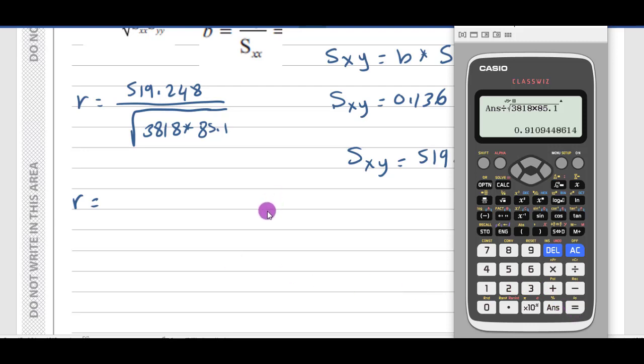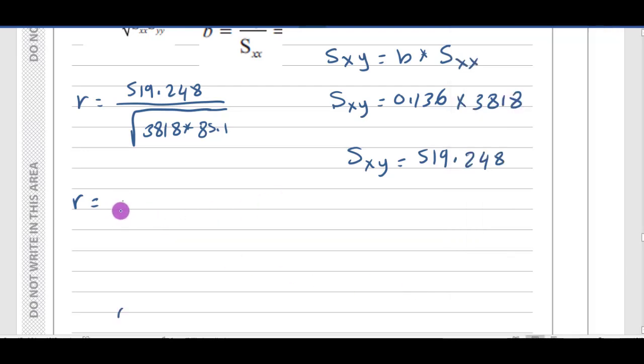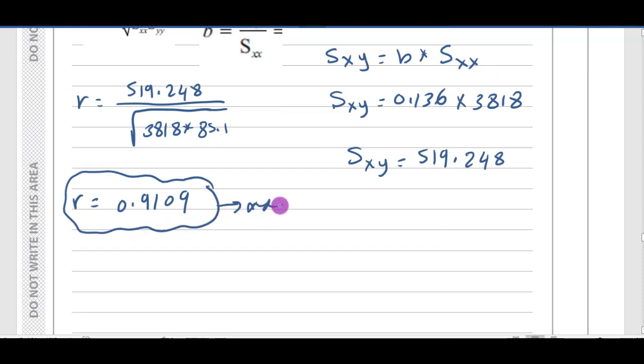So it's equal to 0.9109. So this is the answer of this question. Let us go ahead to another part.